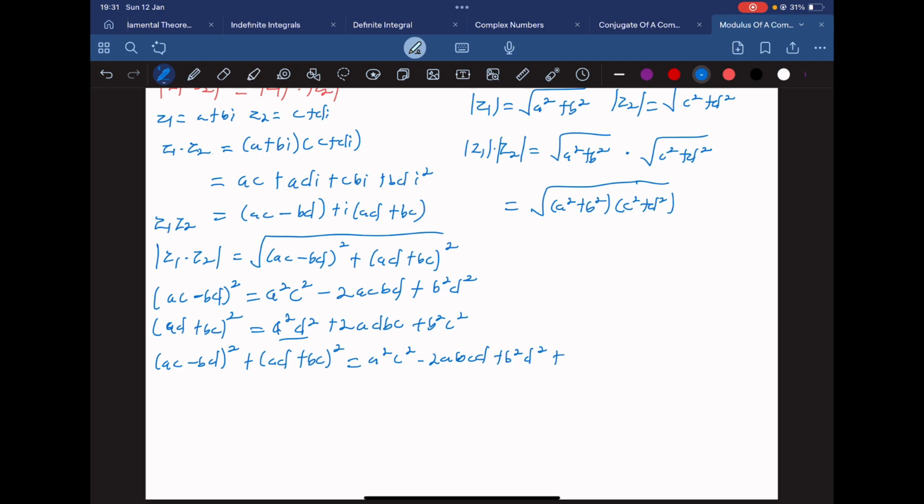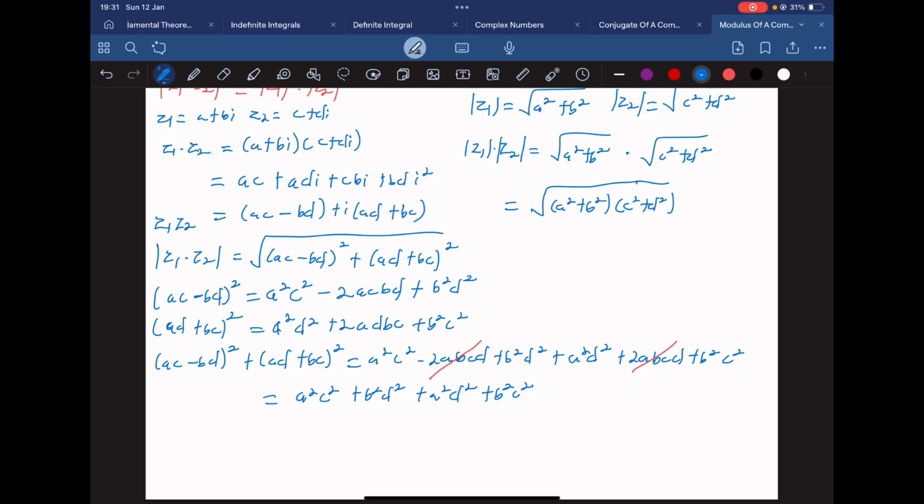Over here, we have A squared D squared, then plus 2AD, which is just 2ABCD, then plus B squared, then C squared. Notice that these 2 cancel out. So all that we are going to have left is A squared C squared, then plus B squared D squared, plus A squared D squared, then plus B squared C squared.